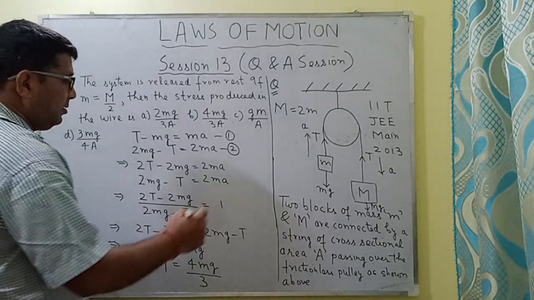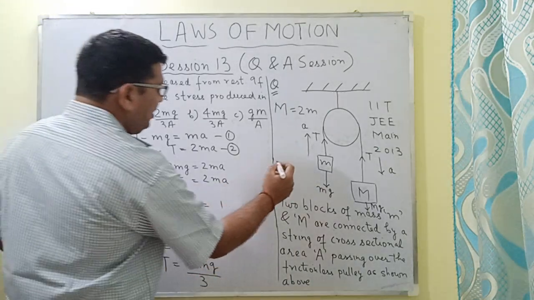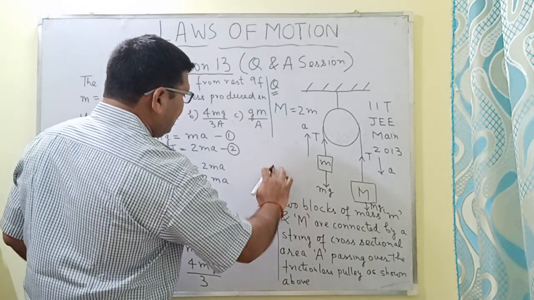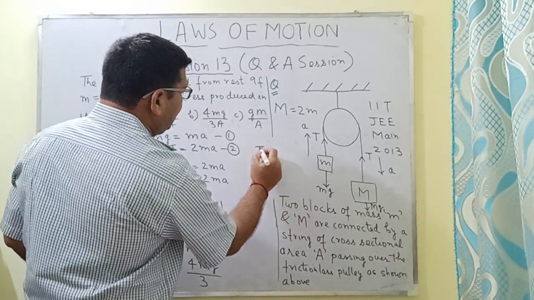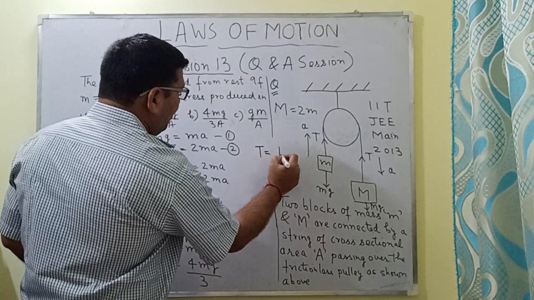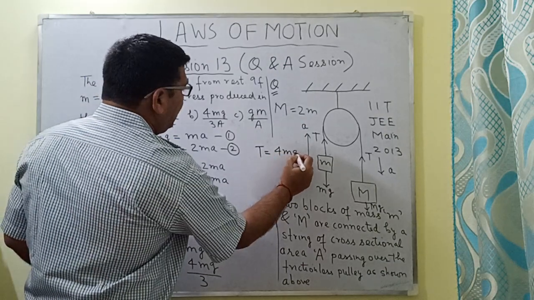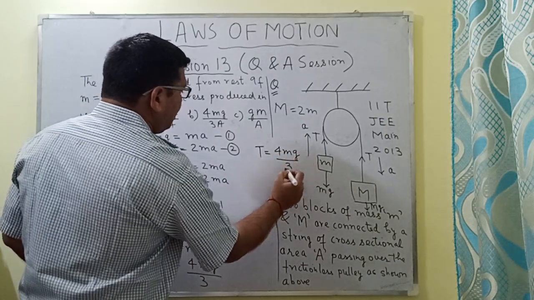So I will write this value here, that is the tension is equal to 4mg by 3.